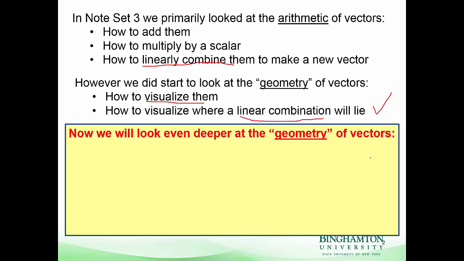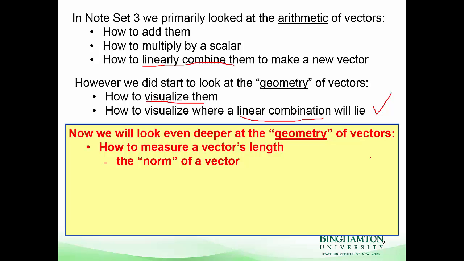So we're going to dig deeper into this idea of the geometry of vectors and think about, okay, this vector is longer than that one because on the plot it extends over a greater distance. But how do we measure that without drawing it, just given the numbers, or even just arbitrary specification of the elements? How do we determine what the length of that vector is going to be?